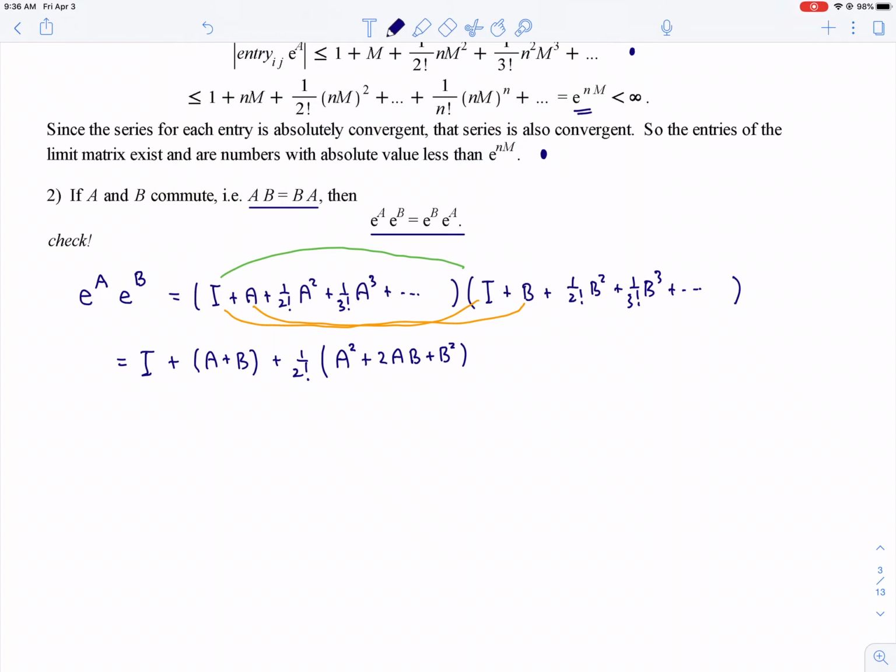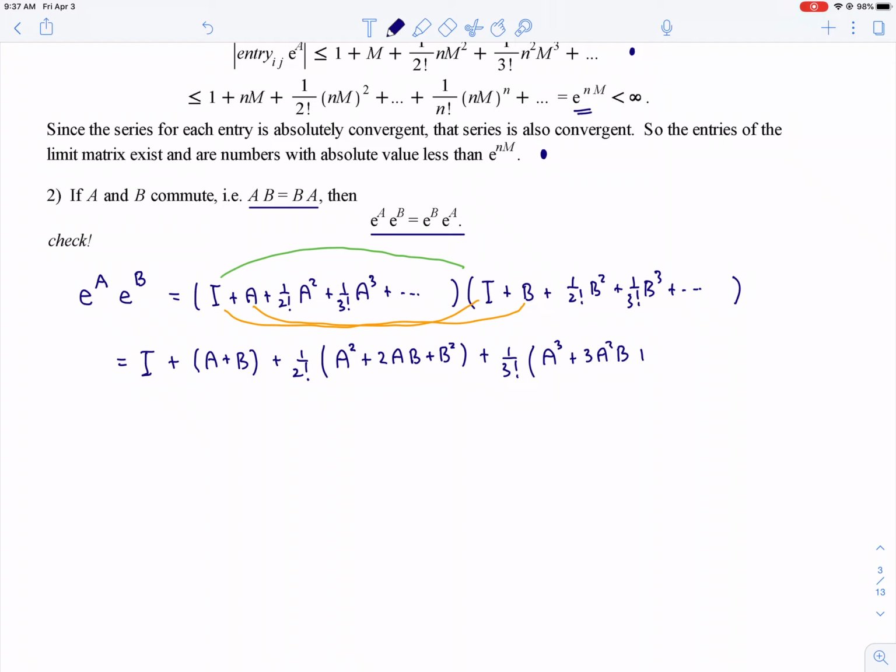Okay, let's do one more so you see the pattern more clearly. I will factor out a 1 over 3 factorial from the terms which have a total power of 3, and I get an A cubed times I, which is A cubed. I get a 1 over 2 factorial A squared B. So if I take a 3 A squared B inside the parentheses, then dividing by 3 factorial gives me the 1 over 2 factorial.